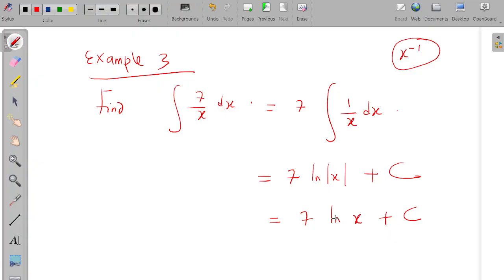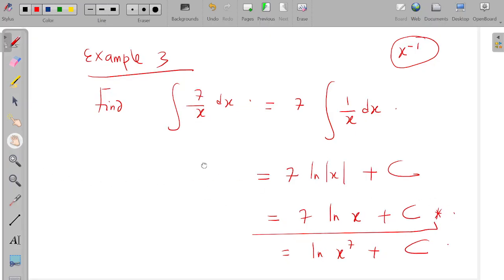We can use the law of ln to bring this 7 on top, plus c. That is also fine. But here we are done, we are fine here also.